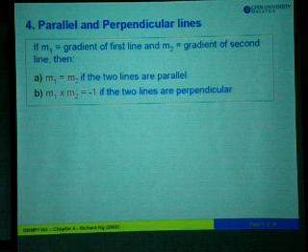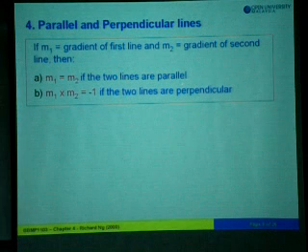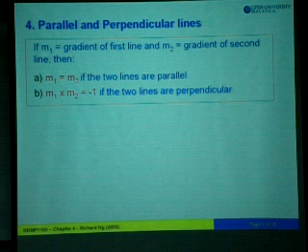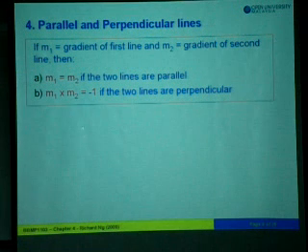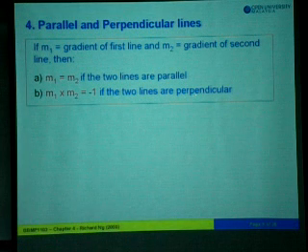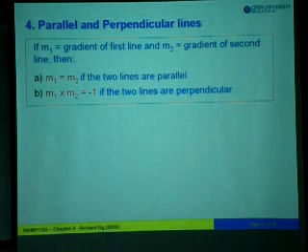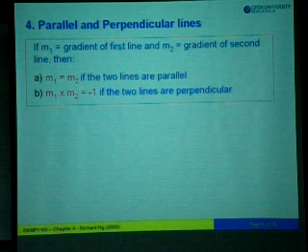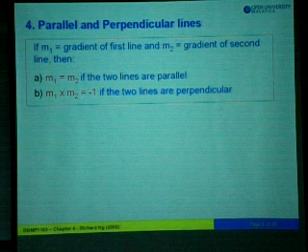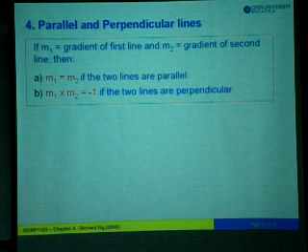If the two lines are parallel, which means they will not intersect each other, then m1 will be equal to m2. But if the two lines are 90 degrees against each other, or we say perpendicular, then the condition will be m1 times m2 equals negative 1.